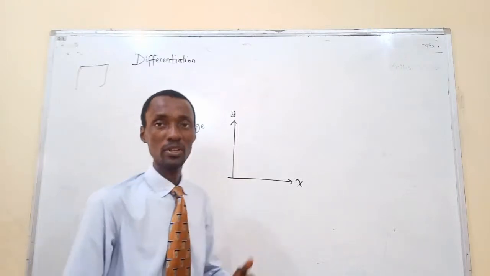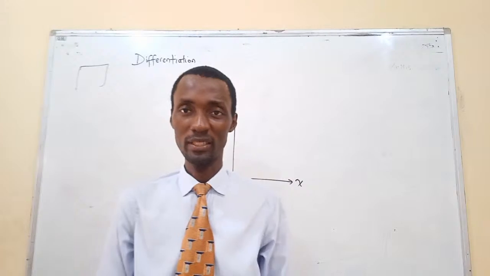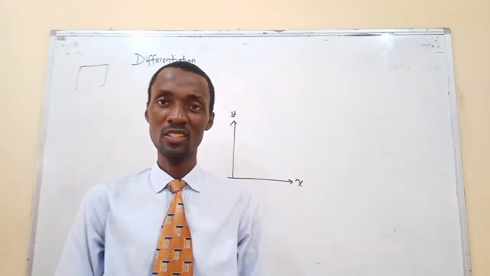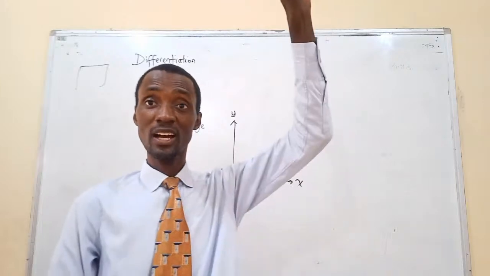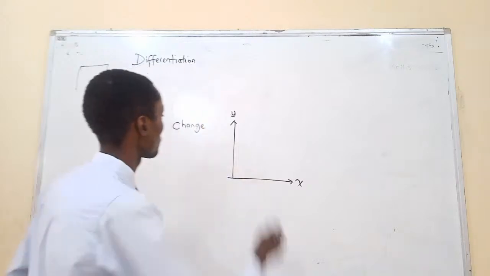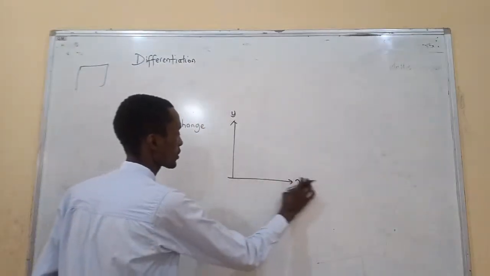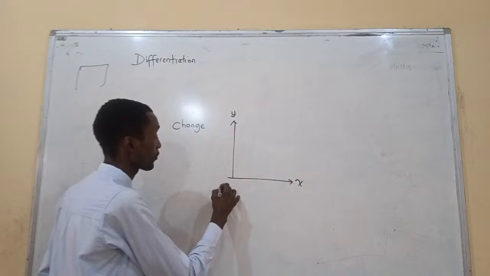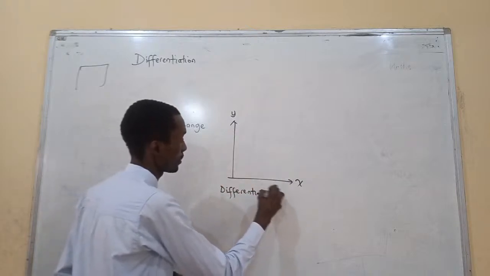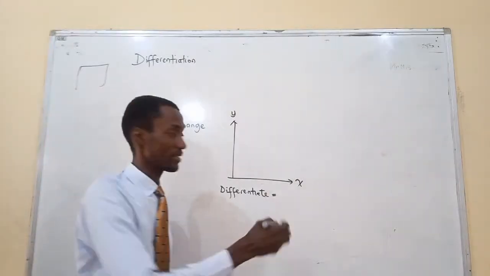Take us back a little. There's something we call the Cartesian plane. Every shape that is two-dimensional is described in terms of vertical movements and what? Horizontal movements. So, if we have vertical movements and horizontal movements, we can say that differentiation is a rate.